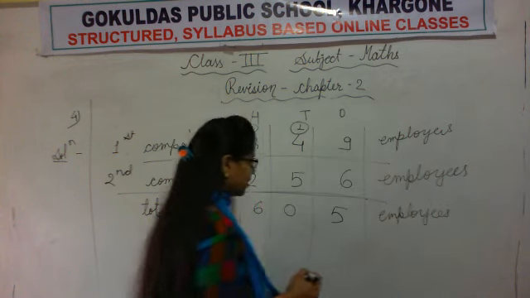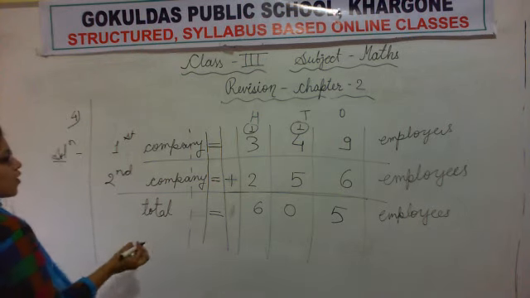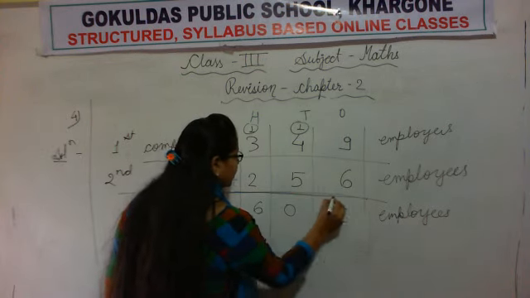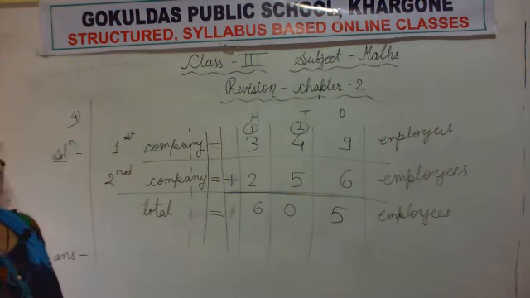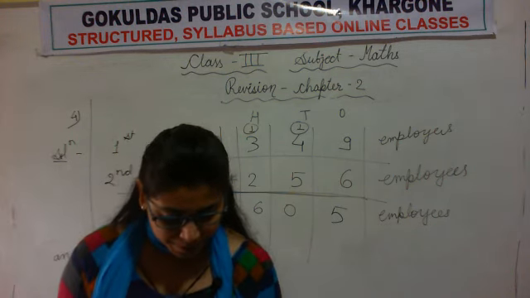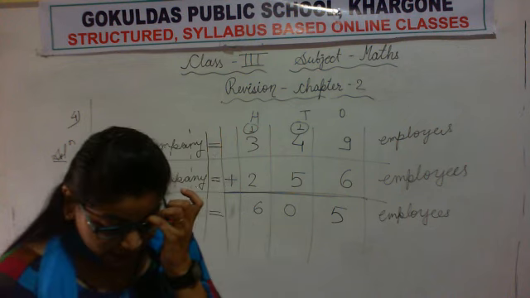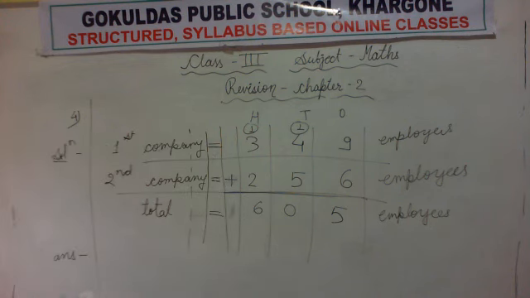Okay. Now we will write the answer. This is what we have done in the solution. Now we will write the answer. What is the answer? The question was asking to find the total number of employees in both the companies.